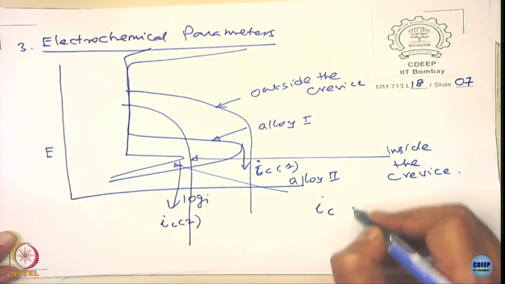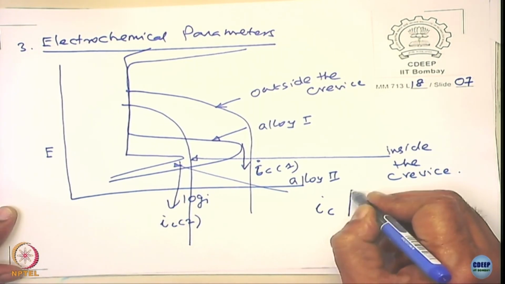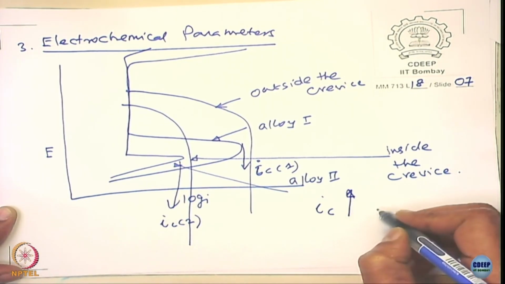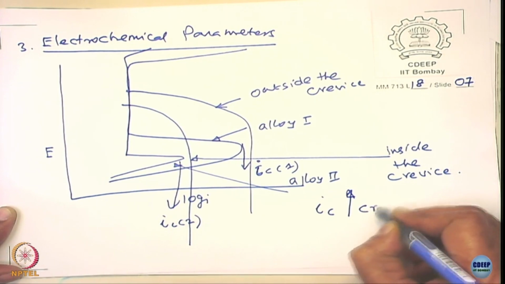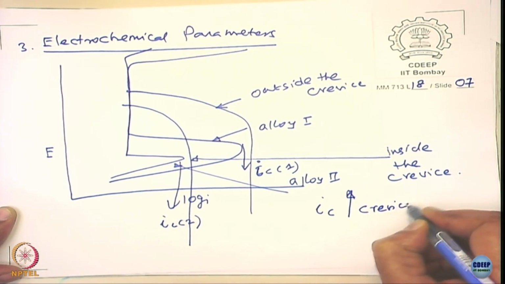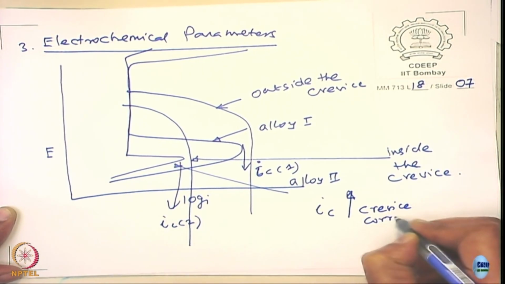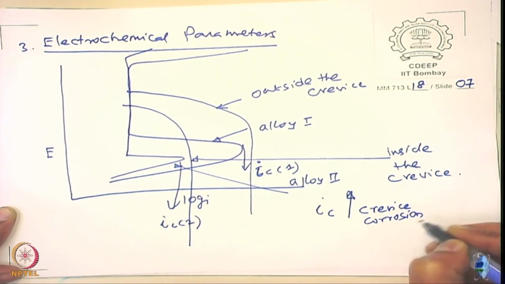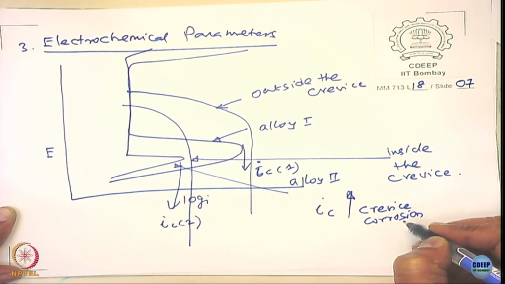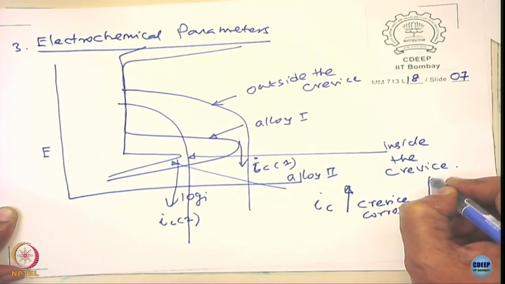If IC increases, what will happen to crevice corrosion? I want a clear answer. Increase, right? Crevice corrosion increases.